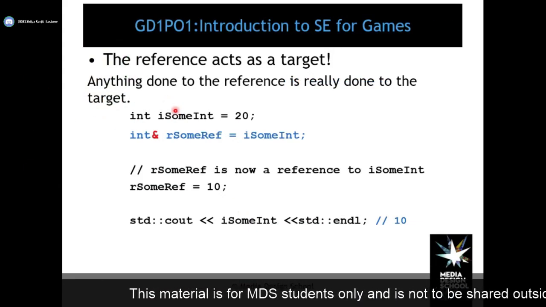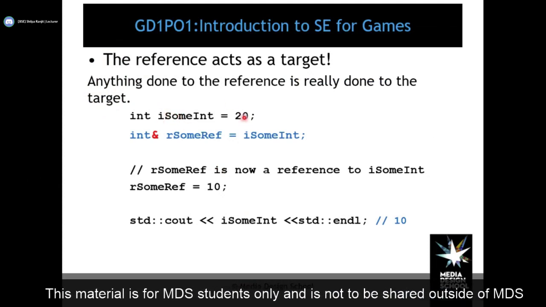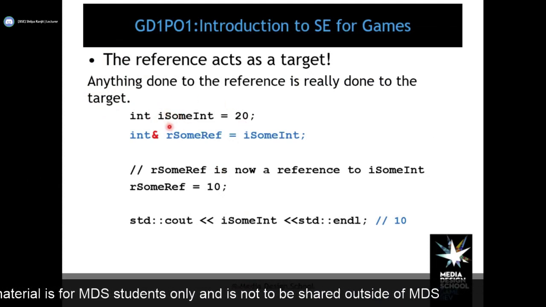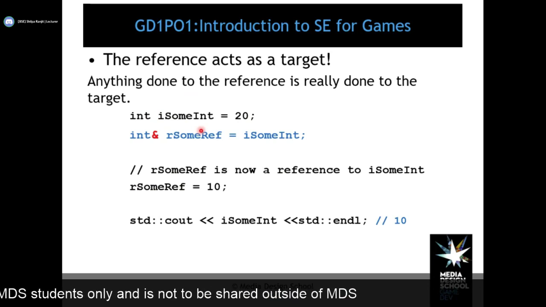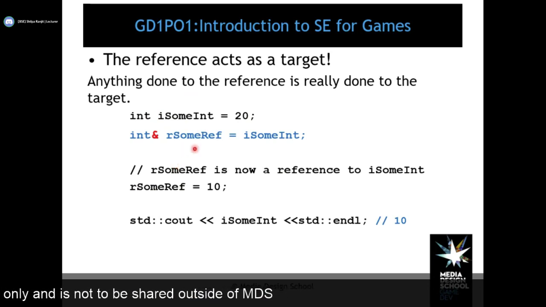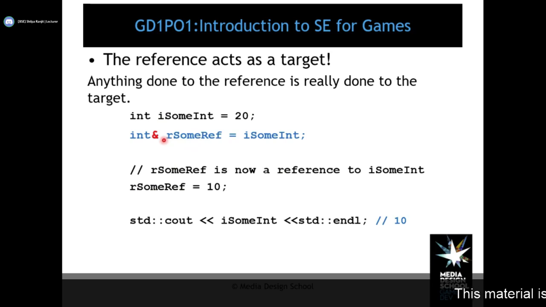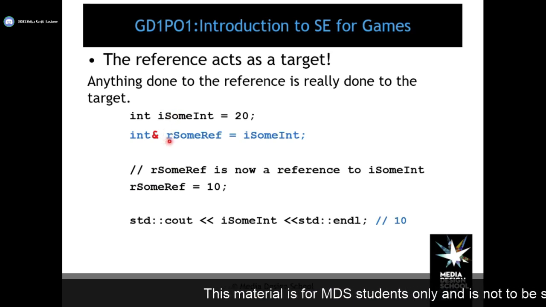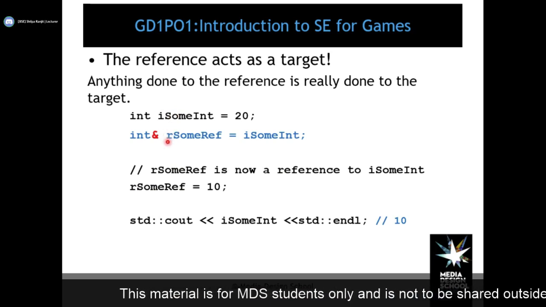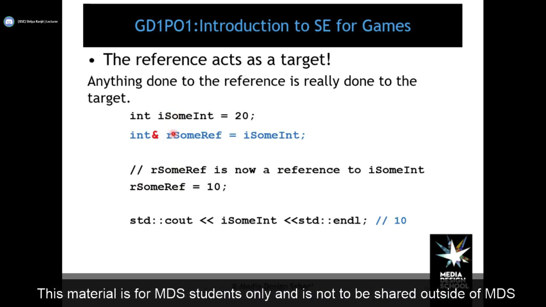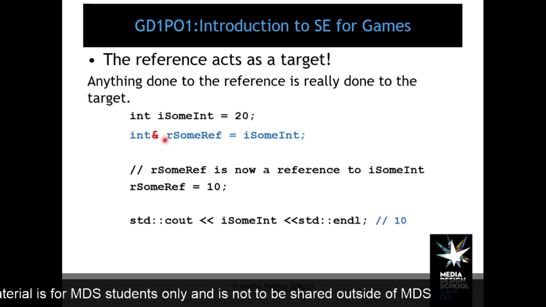So yeah, you can see this example over here. I have an integer variable called isumInt, and I want to create a reference to that, or an alias name. So I'm just creating an alias name called rsumref, ref indicating that it's a reference, and r again indicating a naming convention. Since I use i for the naming convention, in the same naming convention I would use r to indicate that this is a reference variable.